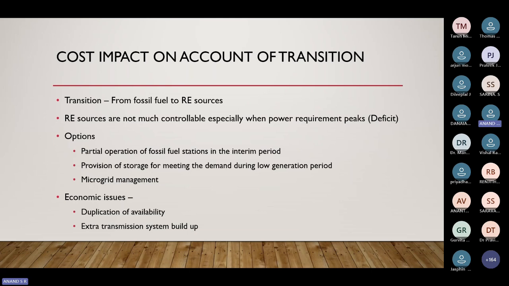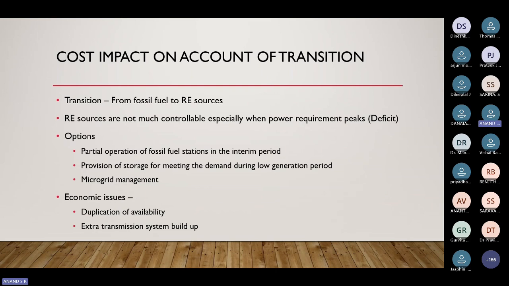So for meeting the demand, what we estimate is that in the Indian context, for the entire India, we may require about 7 to 8 hours full load storage, and that is possible mainly through BESS. Through battery energy storage it may be very costly, so we need to mix some pumped storage schemes also.